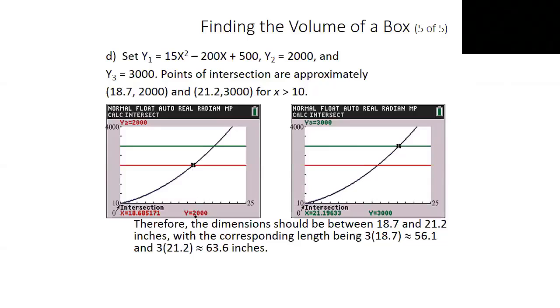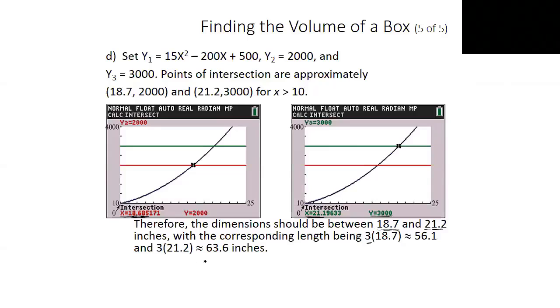For y equal to 2,000, the intersect would be 18.6. When y is equal to 3,000, the calculator shows the intersect would be x equal to 21.1. So this would be the dimension. It has to be between 18.7 and 21.2 inches, which corresponds to the dimension for the width.